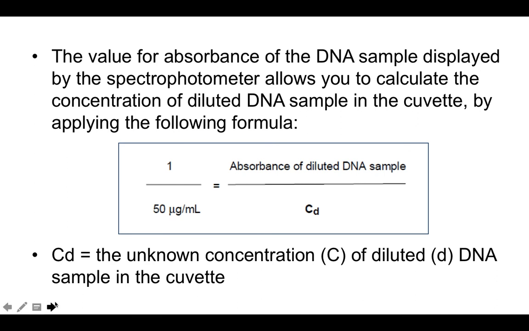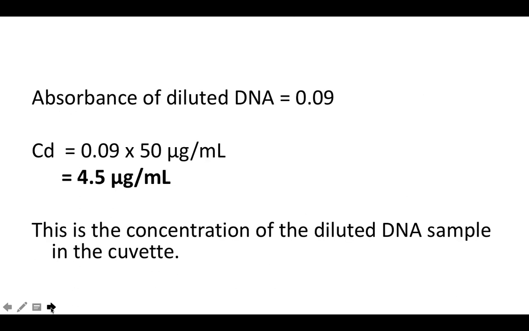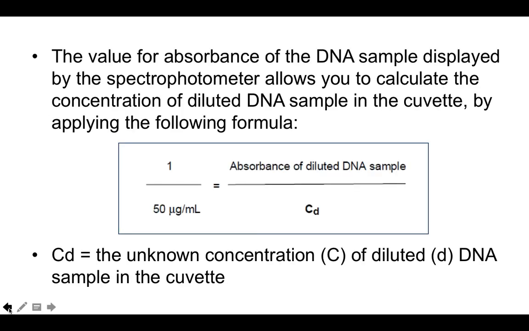Let's say, for example, that we have this problem. You have a diluted DNA that produced an absorbance value of 0.09. You want to know the concentration of your diluted DNA in the cuvette. Remember the formula for getting the unknown concentration. You just have to do transposition of the values.